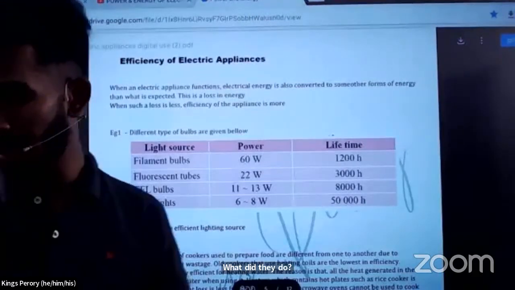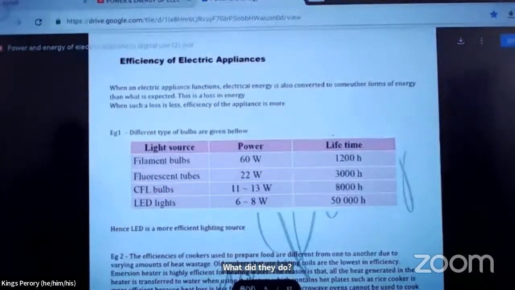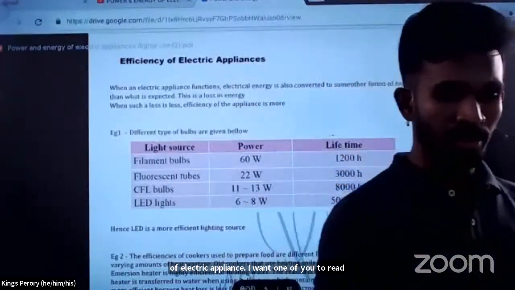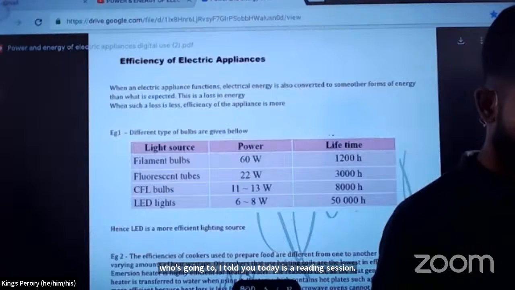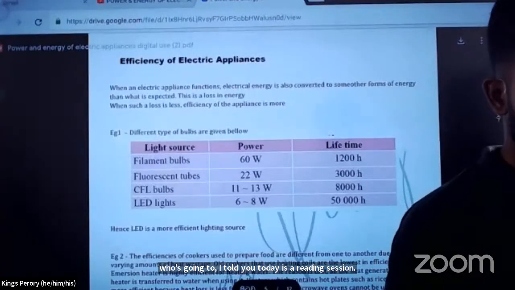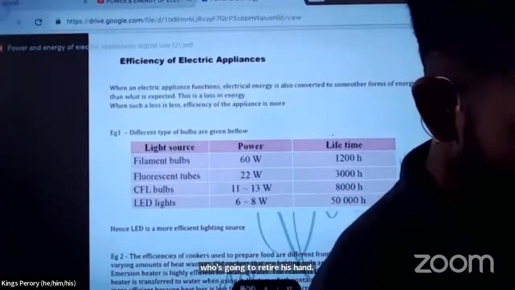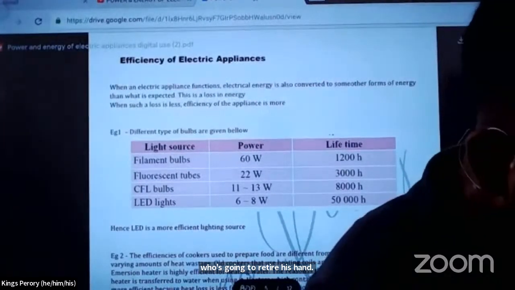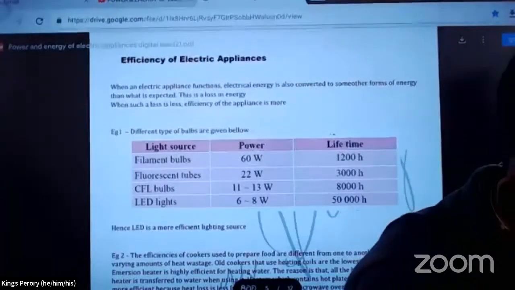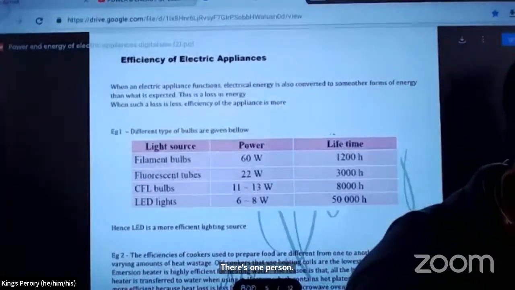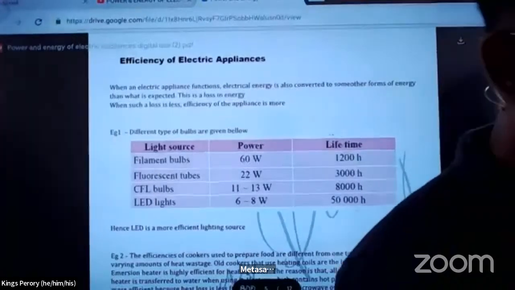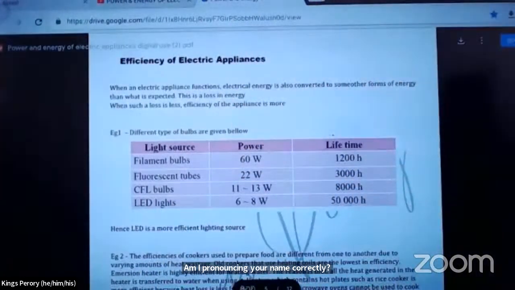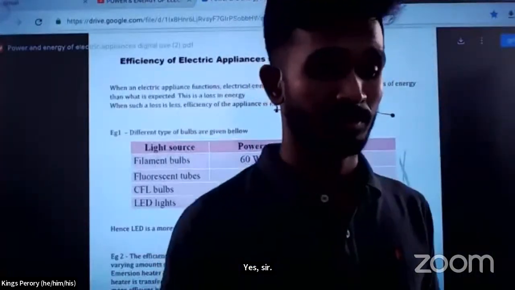Efficiency of electric appliances. I want one of you to read. Who is going to read? I told you today is a reading session. Raise your hand. There is one person. Metasa, am I pronouncing your name correctly? Yes, sir. Where are you from? I'm from Kandy, sir.